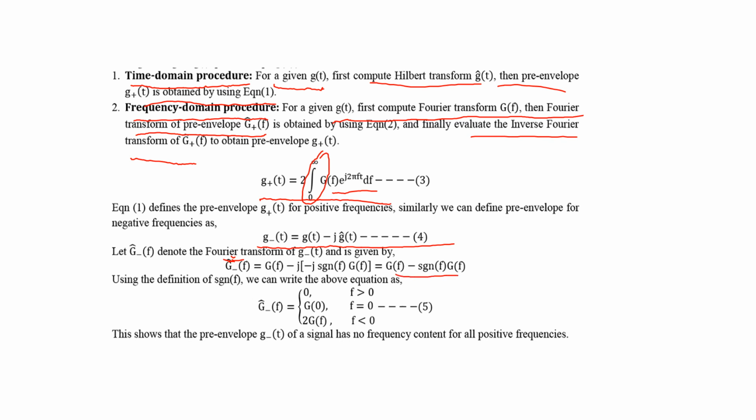The value becomes g of f minus signum of f into g of f. So g minus of f is equal to 0 for f greater than 0. At f equal to 0, it is G of f. For the negative frequency it becomes twice the magnitude, for f less than 0.